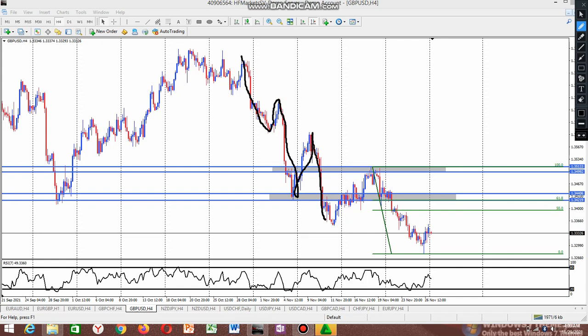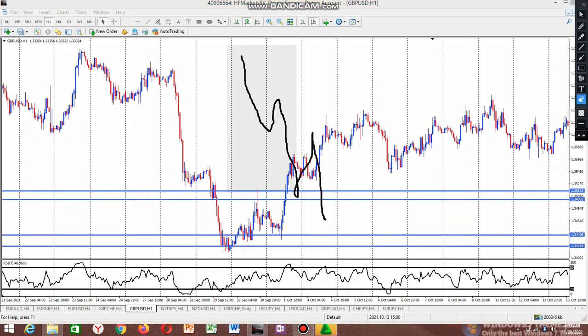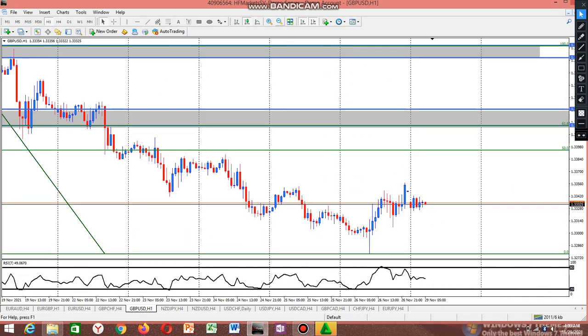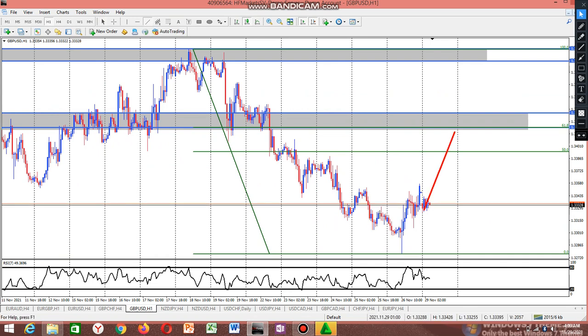With that said, finally you go down to your H1 time frame. So we are here right now. You basically wait for the market to move from here into that zone.